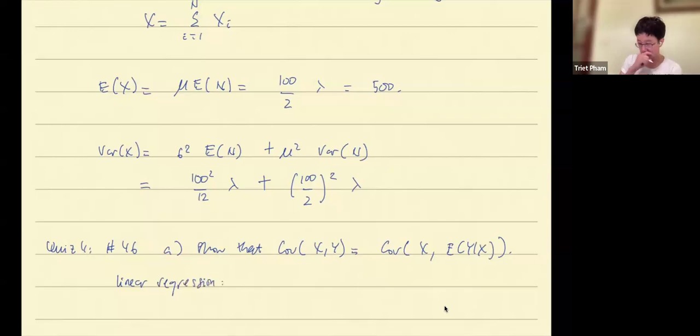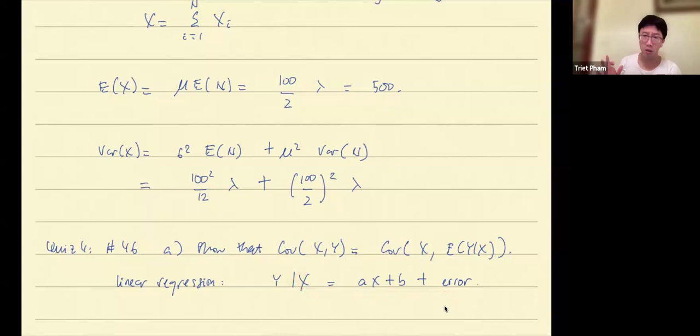You may or may not realize it, but in linear regression, what you look at is something like Y given X is aX plus b plus some error. So it's not Y is equal to that. It's Y conditional on X.